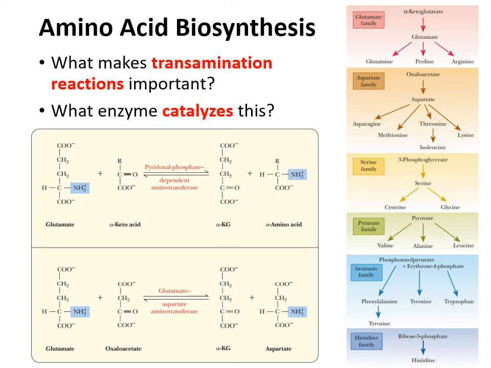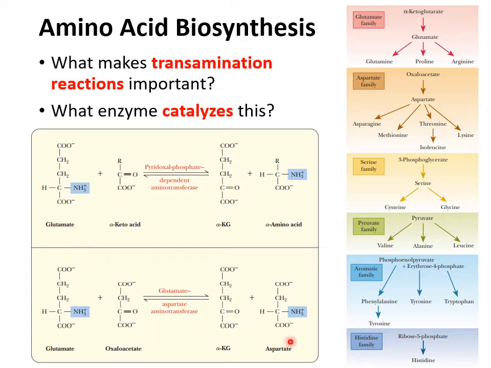Now, we mentioned transamination, and transamination reactions are really important because they're basically the transfer of an amine group from an amino acid. So, for instance, here you see an amine group from an amino acid to an alpha keto acid. And what you notice is once that transfer has occurred, that alpha keto acid now has the amine group and thus is now a different amino acid from our original one.